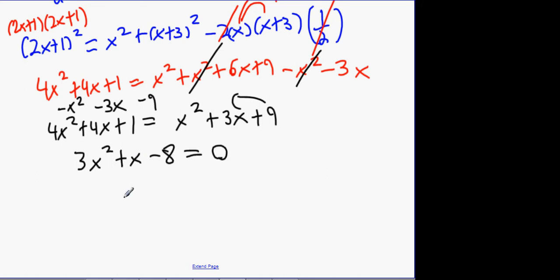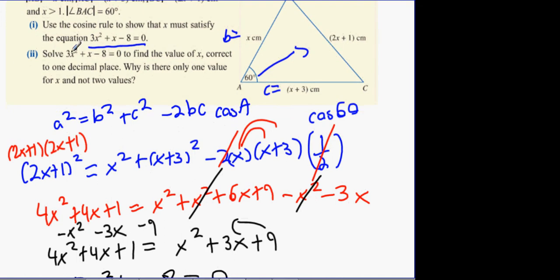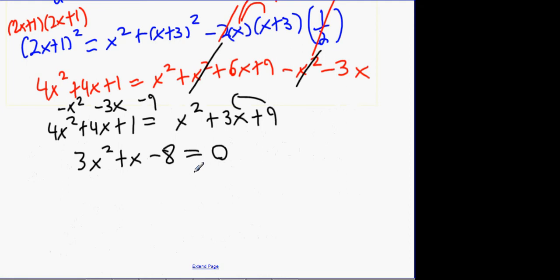Is that what we're asked to do? Yeah. Solve this equation. Find the value of x correct to 1 decimal place. Why is there only 1 value for x and not 2 values? Okay guys, 1 decimal place, what does that mean? Minus b plus or minus the square root of b squared minus 4ac all over 2a.